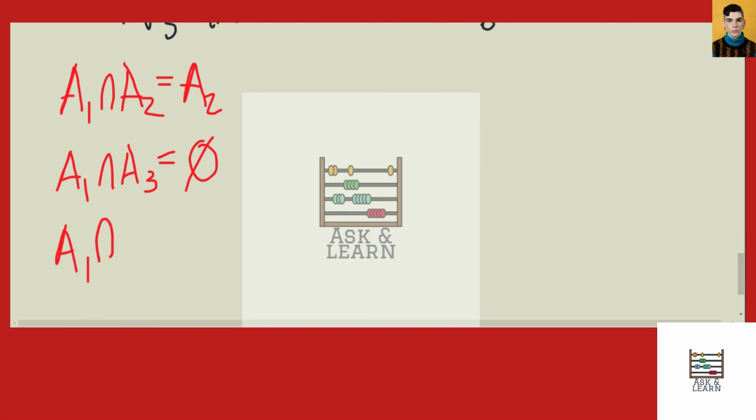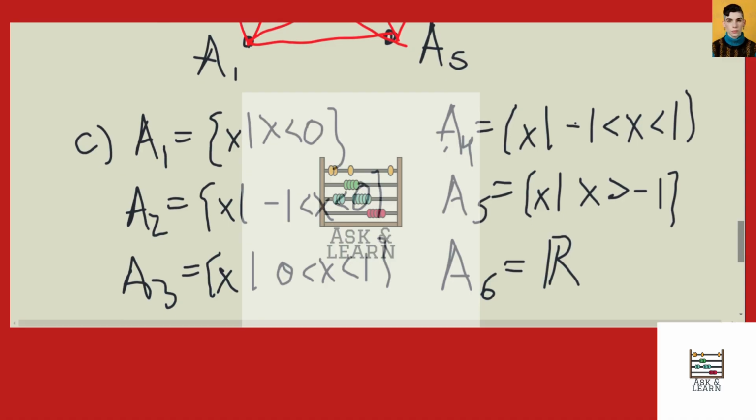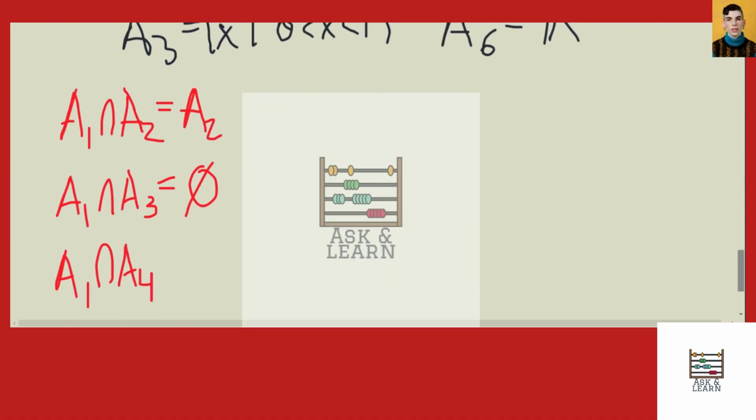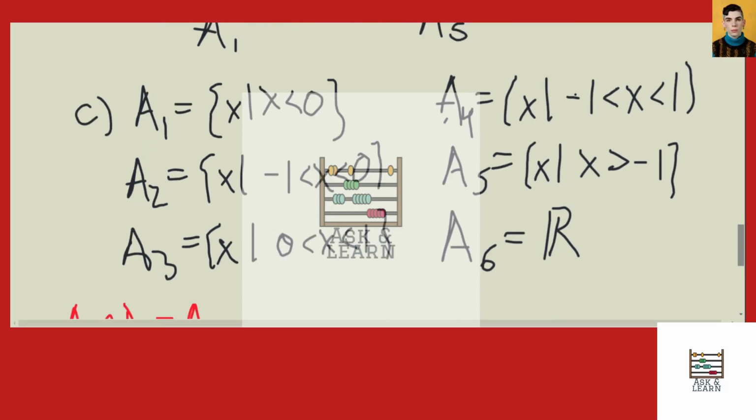A1 intersect A4. If x belongs to this intersection, it means that x must be less than 0 and must lie between negative 1 and 1. This means that x must lie between negative 1 and 0. And this is the same as A2.